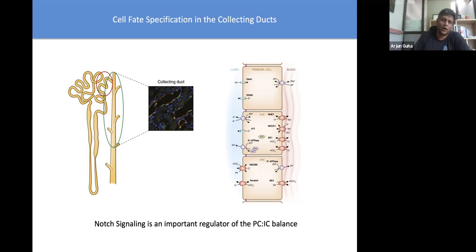And in the context of the kidney, Notch signaling is required to balance the proportion of principal cells, which are the predominant population, and intercalating cells. So once this branch structure is formed, there are local cell-cell interactions, which involve signals like Notch and Hippo as well, but Notch principally, which then regulate the balance of cell fates in the epithelial lining of the branched network.